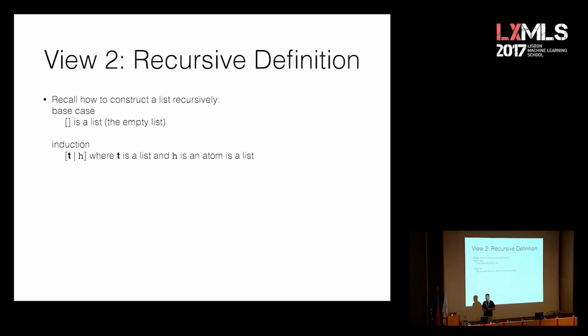We're going to say that T followed by H is also a list. So T is going to be a list, and H is going to be an atom. And then the two, where you concatenate them together, is also a list. With this definition, we can determine whether something is a list or not. It's obviously a very trivial definition, and it makes a lot of sense. It basically says we can peel things off one at a time.